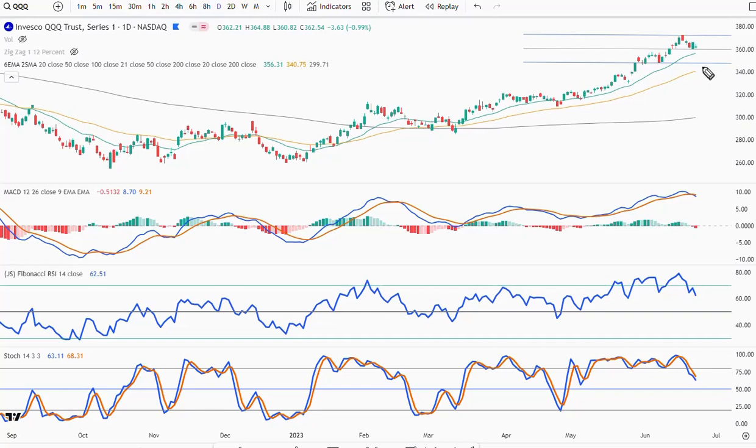So I'm very much looking at the 20 EMA, which is around 356, and then this level, which is around 348. Those would be the two levels I'm watching on the downside, and obviously resistance would be the previous high, which is around 373.